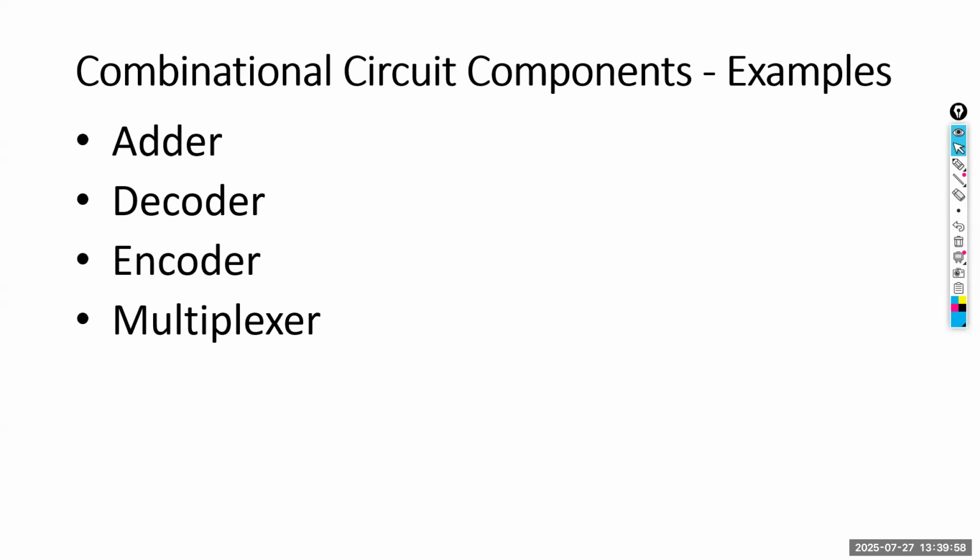Under combinational components, we are going to look at four components. Out of that, the adder is a processing component. The decoder, encoder, and multiplexer, all three are control components. Those components are used to control.